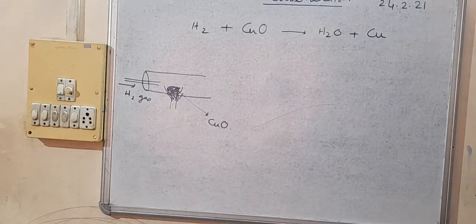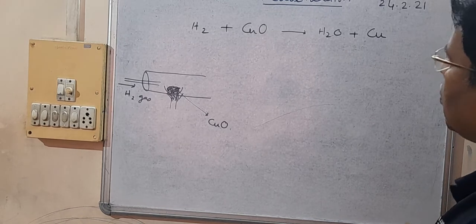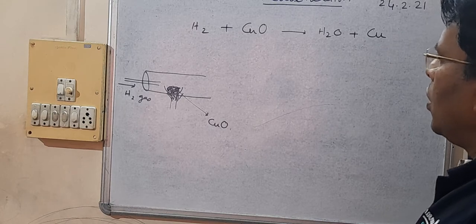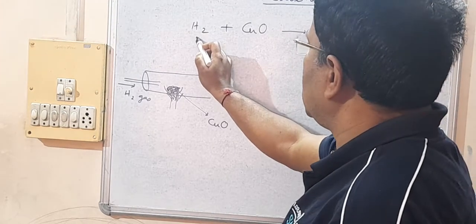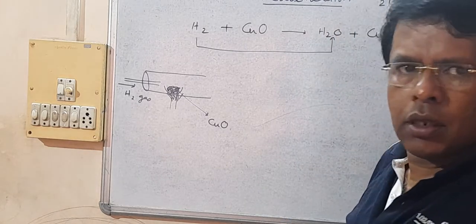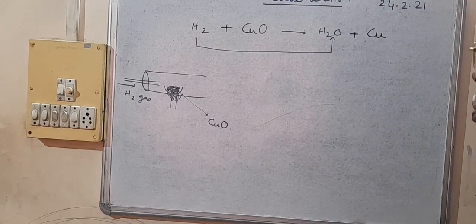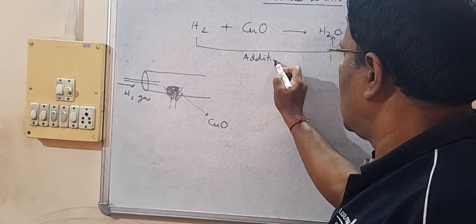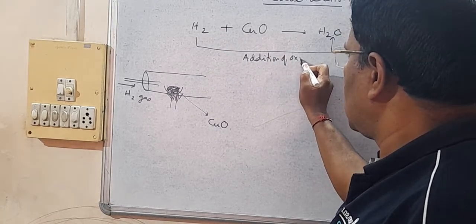So as you can see, in this reaction, water and copper are being formed. If you see this change, H2 to H2O, there is addition of oxygen.